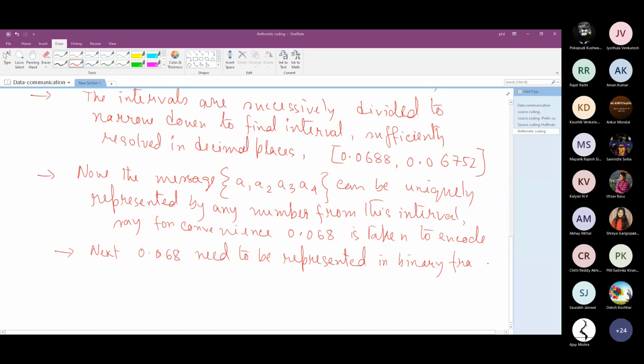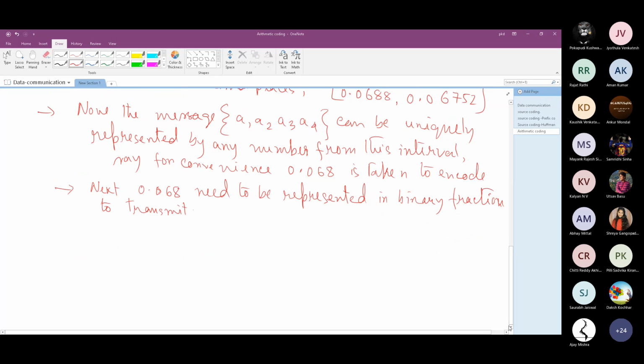To transmit. After it is made, at the decoder end, what will the decoder do? The decoding is done in a similar fashion to encoding.